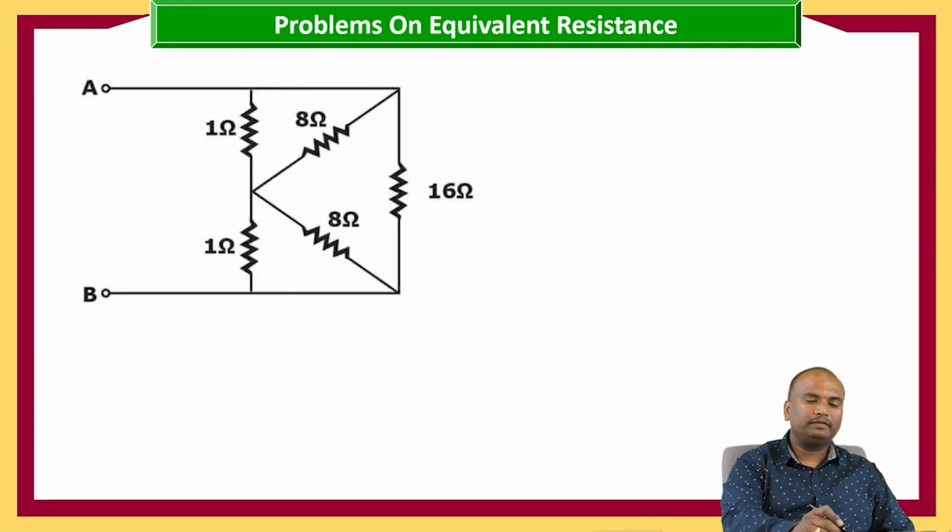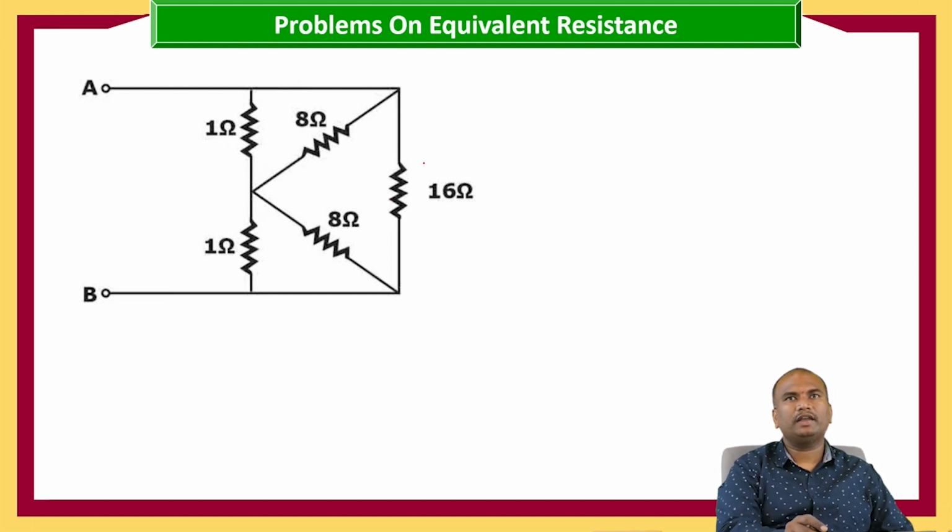Now we'll go with the next problem. Here the circuit is given like this. So here we are having only one delta. The delta should be converted into star in order to get our equivalent resistance.